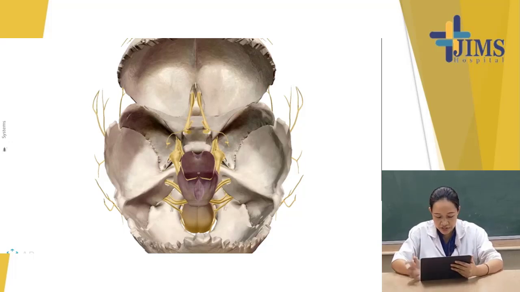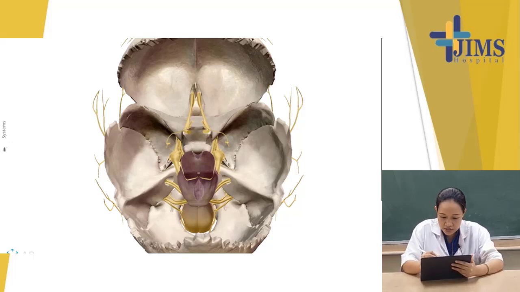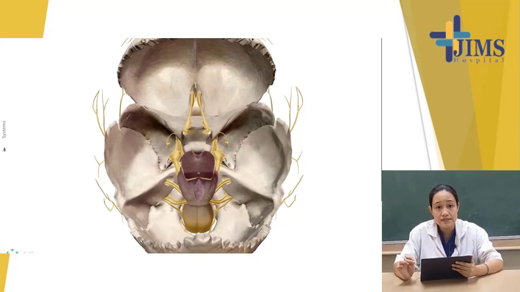If you see the picture here, we can see this dotted part here, this is the superior ramus. The superior ramus passes forward, appears into the orbit and supplies 2 muscles. First one is the levator palpebrae superioris and the second one is the superior rectus. So, these 2 muscles are supplied by the superior ramus.